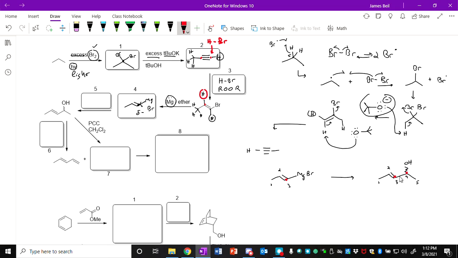If there were an extra carbon in between here, then I could think about the Grignard attacking an epoxide. But here, I want the Grignard to attack a carbonyl directly because the Grignard carbon is going to end up directly connected to the carbon that this OH is attached to. So I need a 2-carbon group for that Grignard to attack, and it's going to have a CO double bond there.